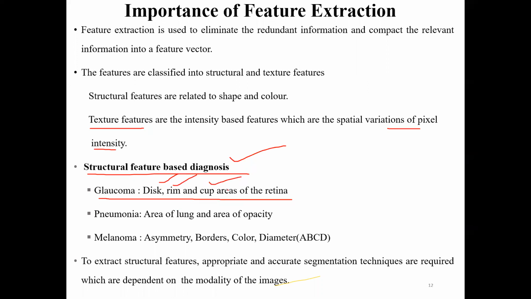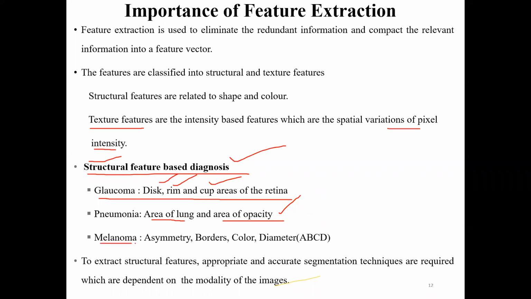rim and cup areas of the retina are considered as the structural features of glaucoma. Whereas in the pneumonia case, area of lung and area of opacity are considered as the structural features.